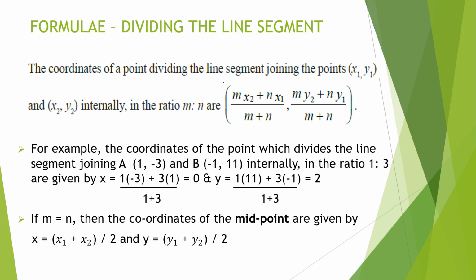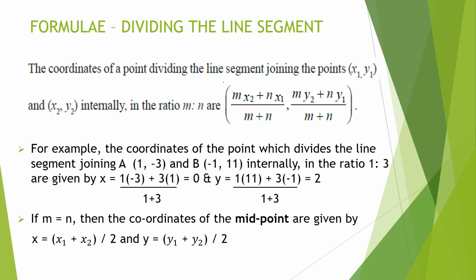The second formula is for dividing the line segment joining two points. The coordinates of a point dividing the line segment joining the points x1, y1 and x2, y2 internally in the ratio m:n are (mx2 plus nx1) upon (m plus n), (my2 plus ny1) upon (m plus n).